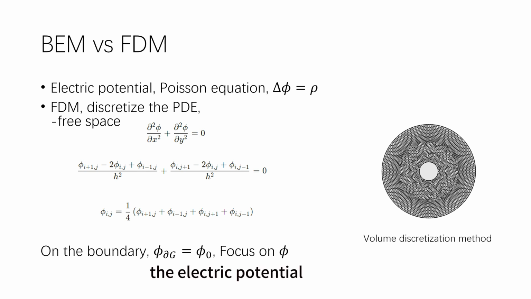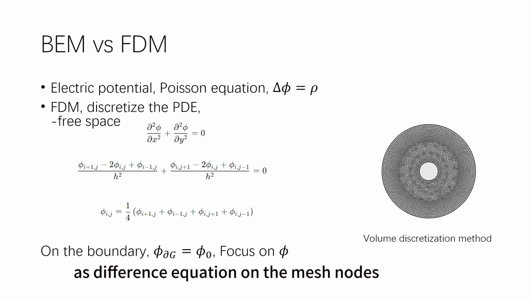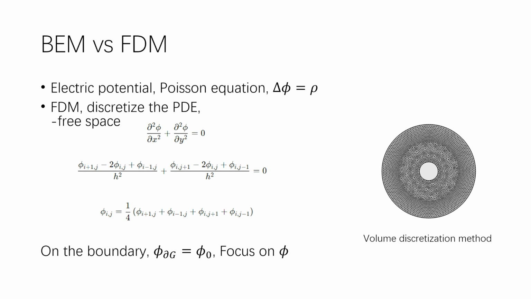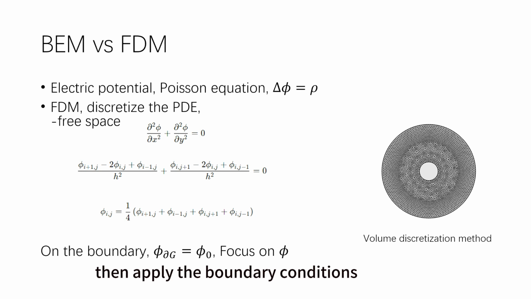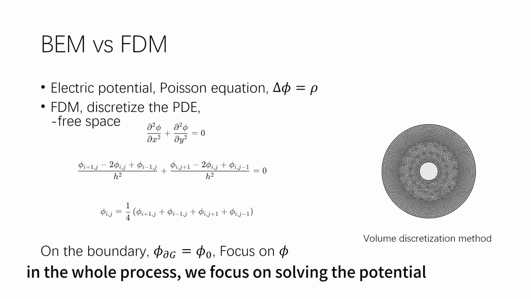The electric potential is governed by the Poisson equation. In FDM, we first discretize the domain using a mesh, then write the PDE as a difference equation on the mesh nodes, then apply the boundary conditions on the boundary nodes. Last, we solve the linear system. In the whole process, we focus on solving the potential.